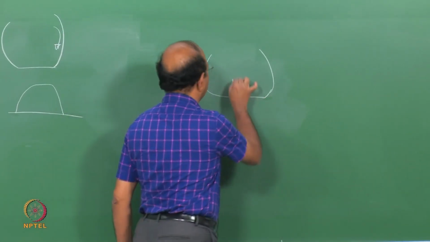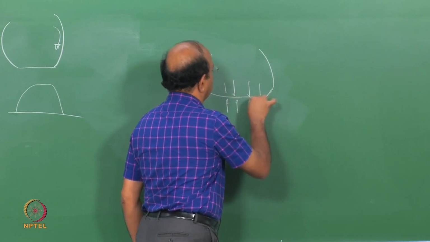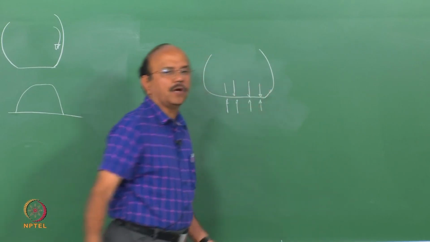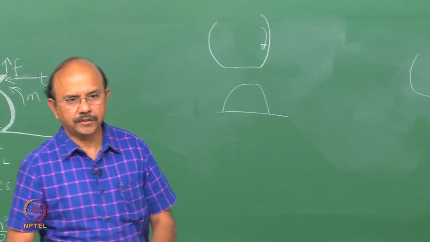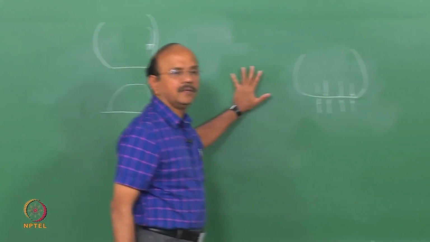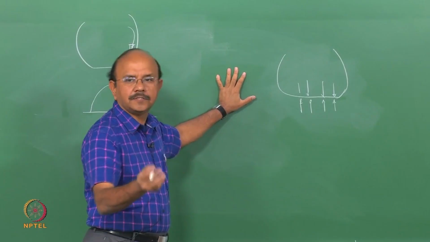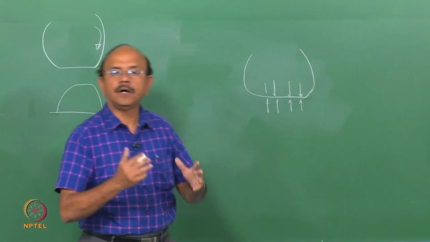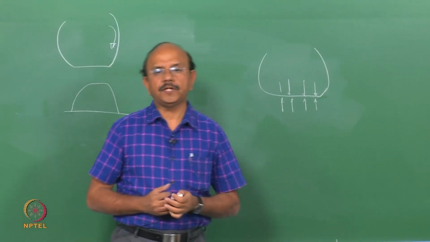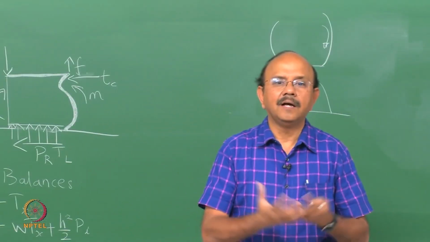Contact pressure has to just equilibrate the inflation pressure, and so the contact pressure will be uniform. Theoretically that has to be the case when there is no bending stiffness and other things that we are going to talk about involved. Unfortunately, a tire has a lot more things than a balloon.